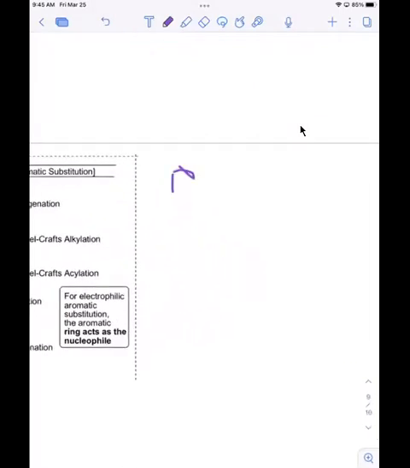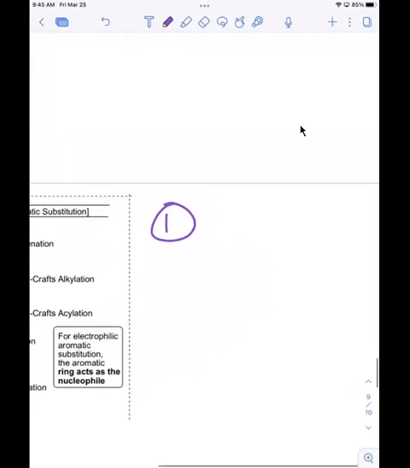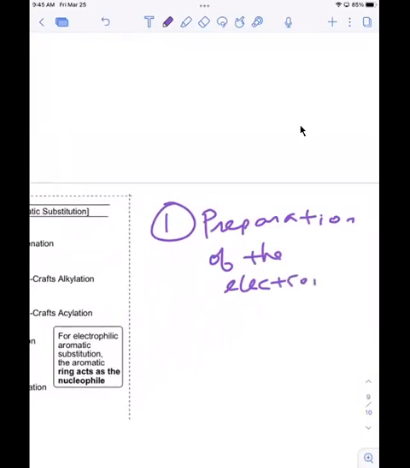The first step is going to be preparation of the electrophile. The second step is going to be attack.